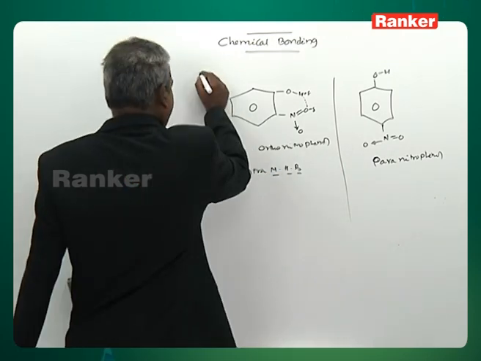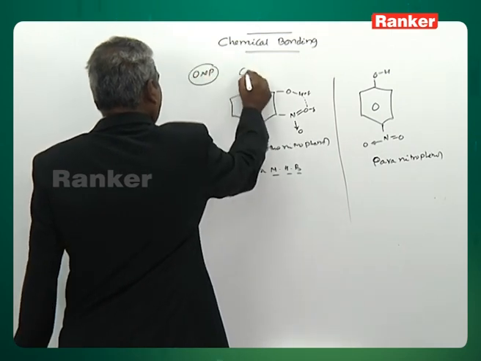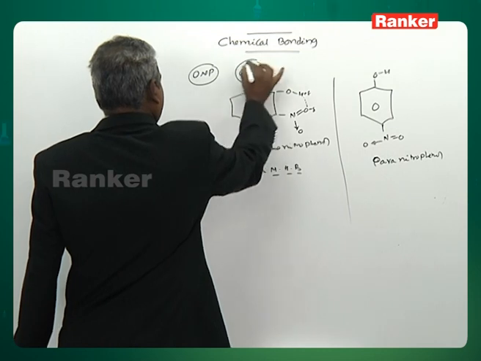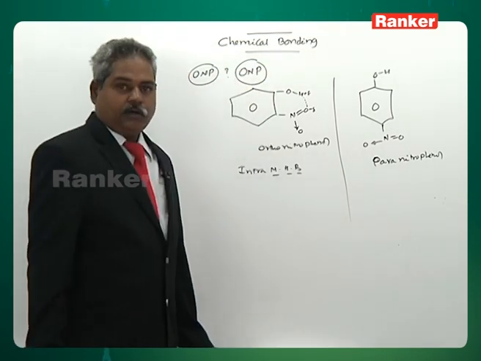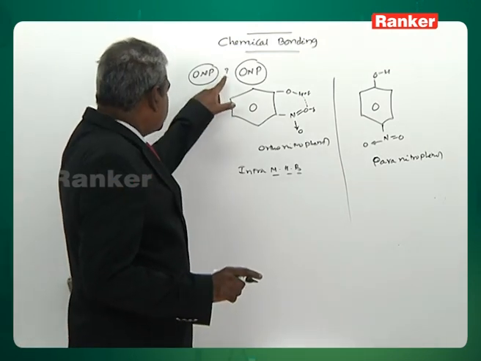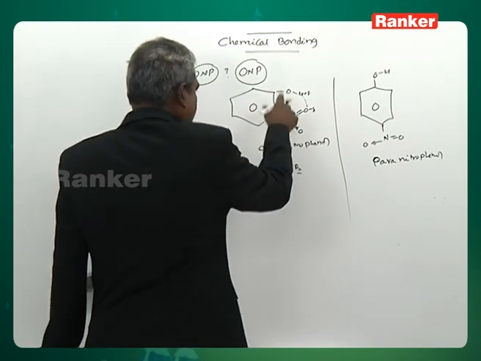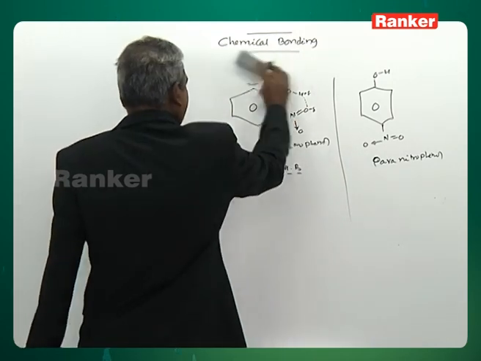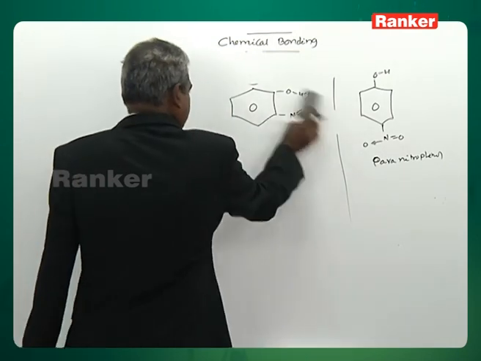So what exists between orthonitrophenol and orthonitrophenol? Virtually nothing. There is no force between two molecules. I am interested in attractions between one molecule and the other, but this is intramolecular attraction that doesn't bring about much change.